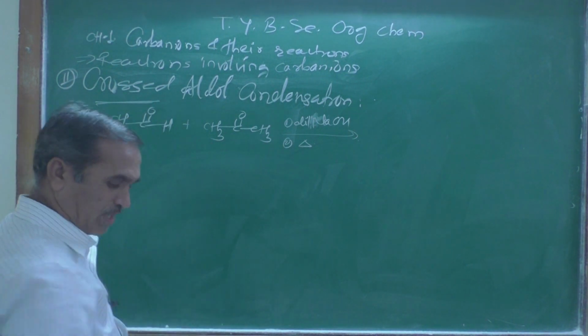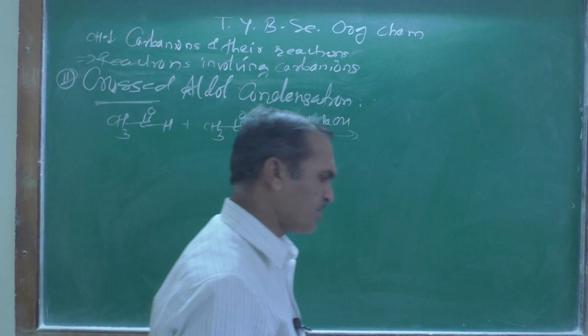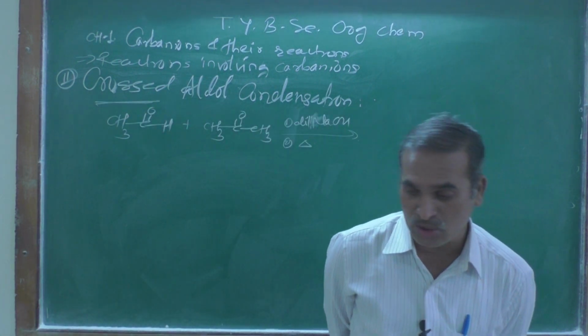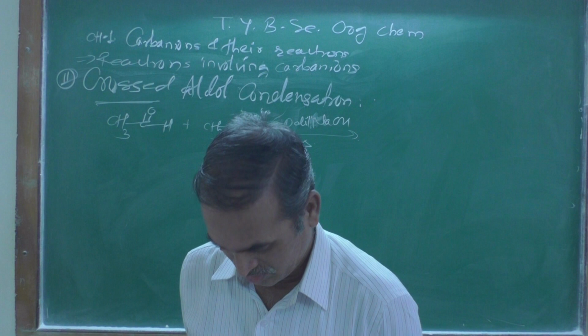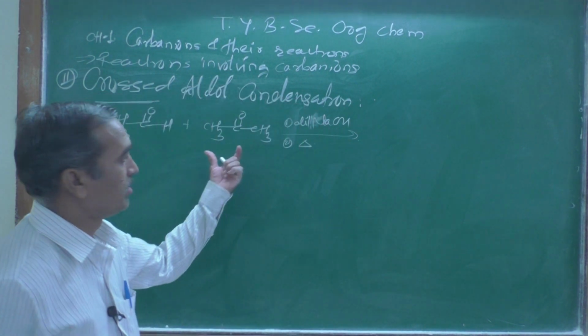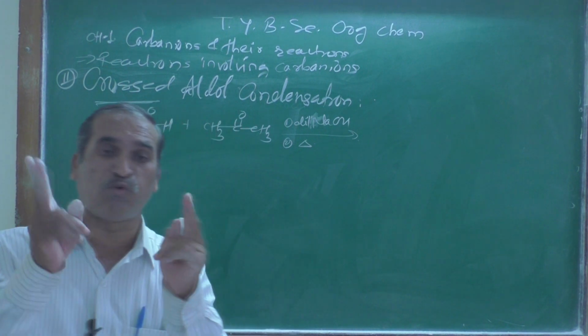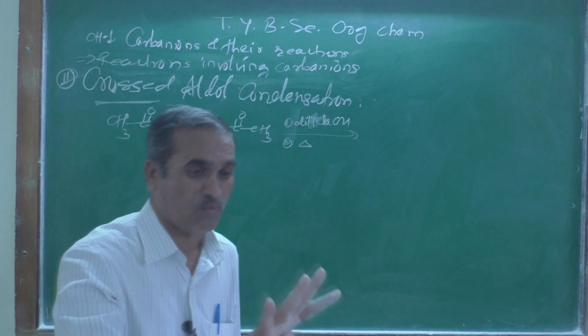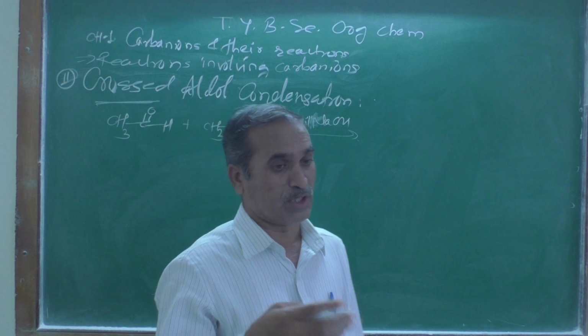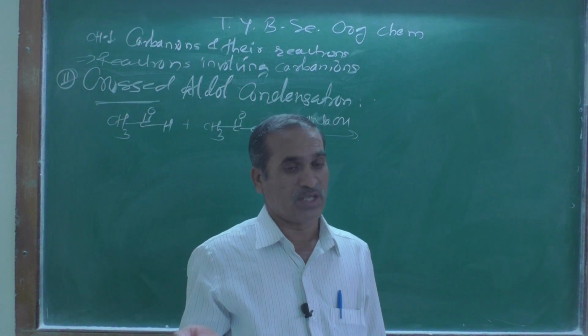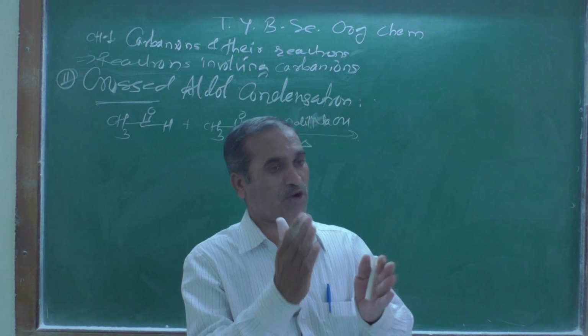But synthetically, if you use this type of cross aldol condensation reaction, you are going to get a mixture of four products, and if the number of products is four, there is a lot of difficulty in separation.